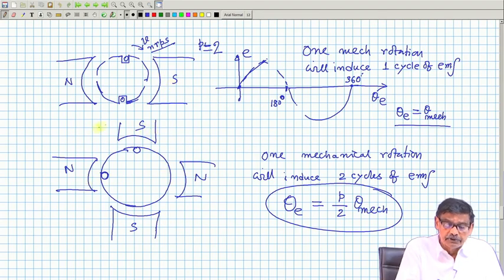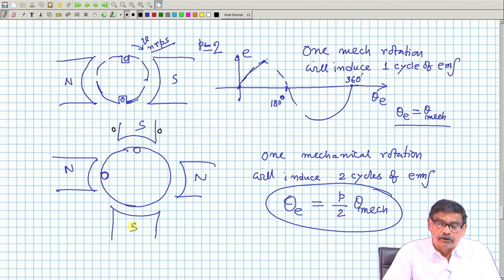These north south poles will be created by coils which will be put around it. These are called field coils, and on the rotor side there will be an armature. An important thing I mentioned is that each coil has two coil sides, and at any point of time as the rotor rotates, if one coil side of a coil is under the center of the north pole, the other coil side must be under the center of the south pole, so as to maximize the induced EMF.